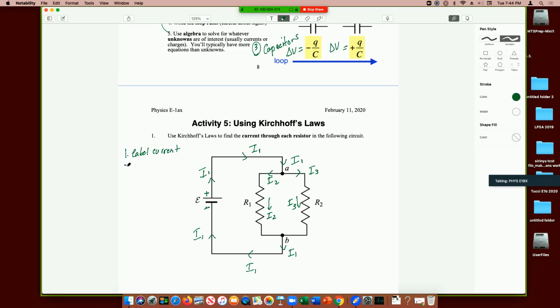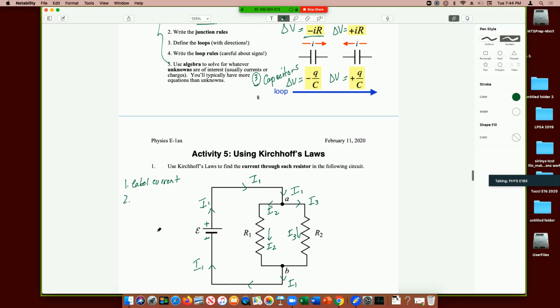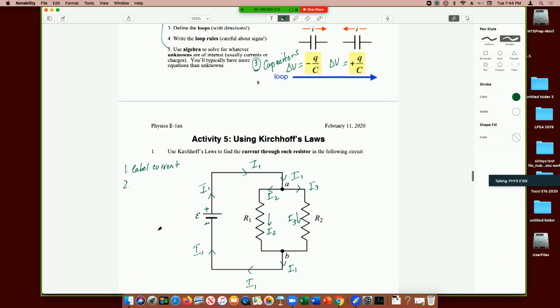Step two is to apply the junction rule. What's the junction rule? The junction rule is just whenever you have current going in, it has to equal the current going out. How many junctions are there? There are two: one at A, one at B. What junction rule would you write for A?